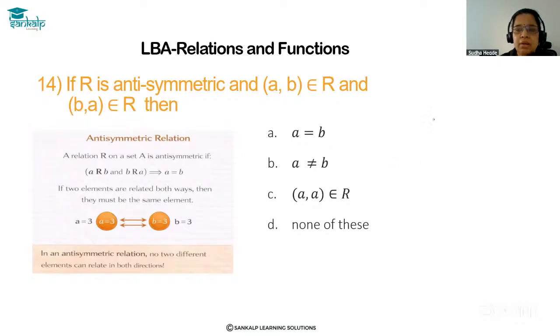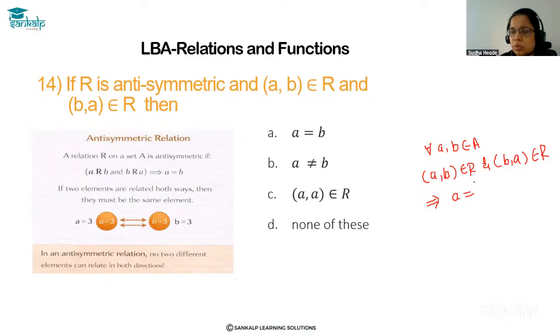Okay. By definition of antisymmetric, for all (a, b) belongs to A, (a, b) belongs to R and (b, a) belongs to R. These two should be there in R. That implies if a is equal to b, then R is antisymmetric.